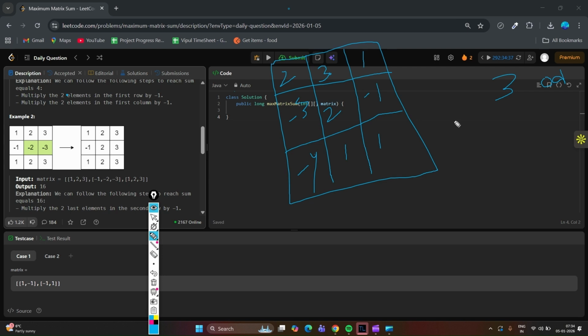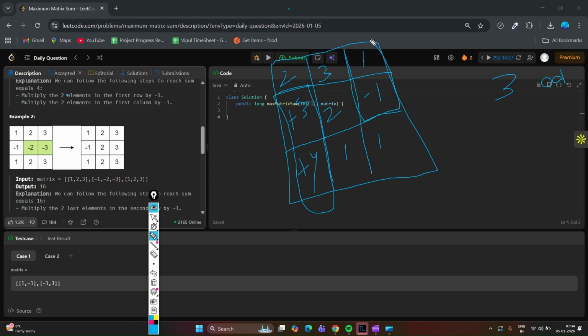So what should I do? Our approach will be, first you think that minus 3 and minus 4, if you look at this area, they are adjacent, and if you multiply by minus 1, then it becomes plus 3 and plus 4, okay? But there is also a minus 1 and 1, these are also adjacent.